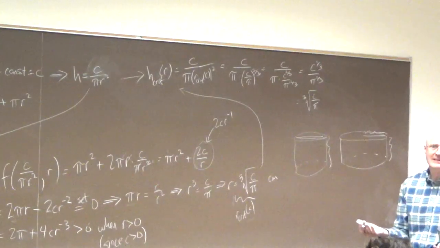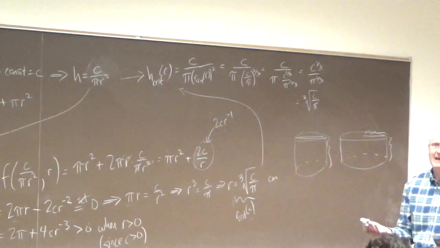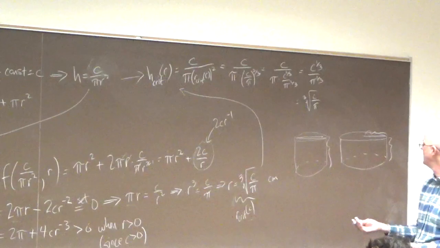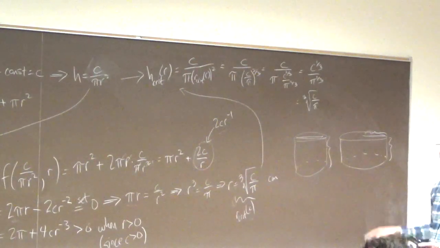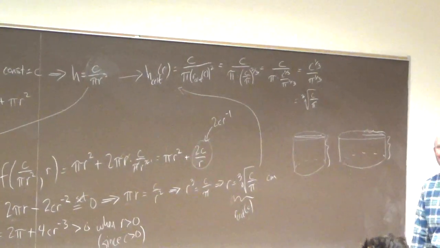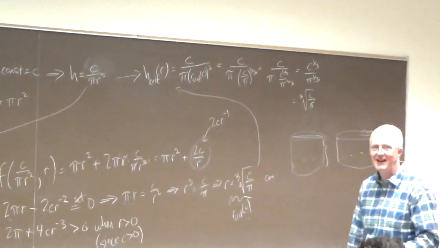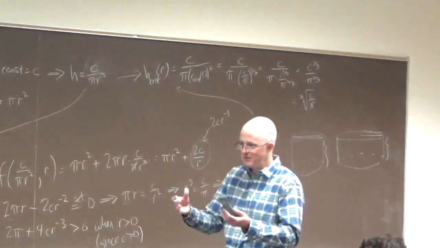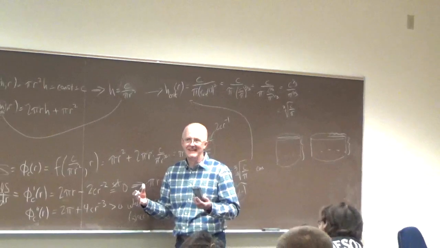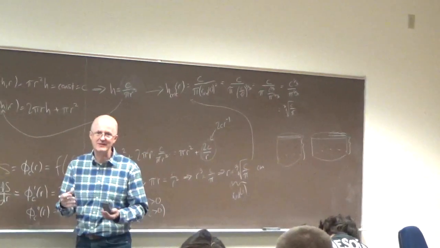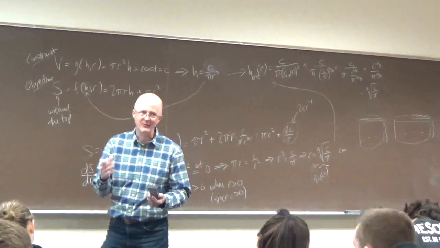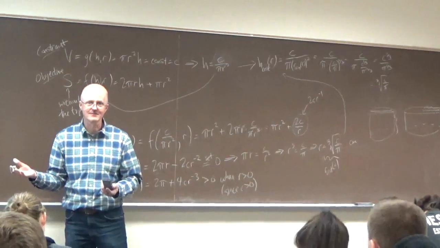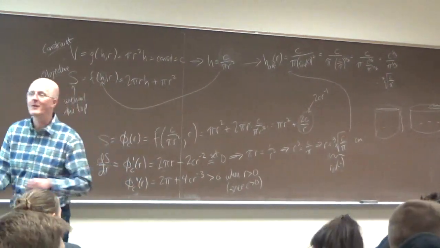They want to please their customers based on expectations about how soup cans and how tuna fish cans should look. If they look wrong to customers, then they don't buy them. It's like, why does this soup can look like this? So there's not just minimizing surface area considerations in real life. There are other considerations. Do you have a question? No? Okay.